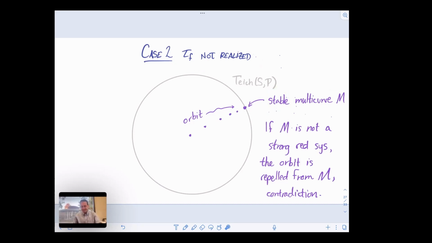The fact that τ(F) is not realized means you're moving off to infinity, and you just show that if this multicurve that you're shrinking is not a strong reduction system, that kind of means you're pushing away from that point at infinity. That means the curves are wanting to grow. So you get this tension between, by the Mumford compactness criterion, you're going off to infinity. Being not a strong reduction system means the curves are getting longer as you apply F.